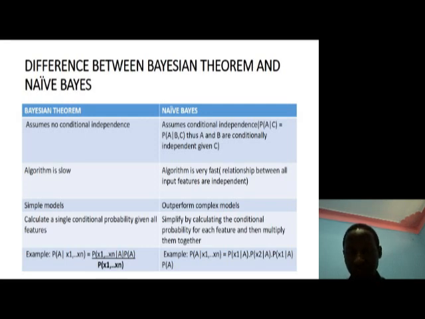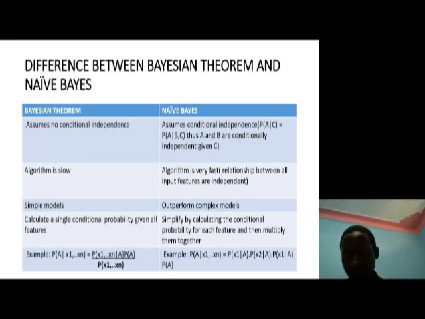This is because the relationships between all input features are independent. Another thing is that Bayes' theorem deals with simple models, while naive Bayes can outperform complex models.